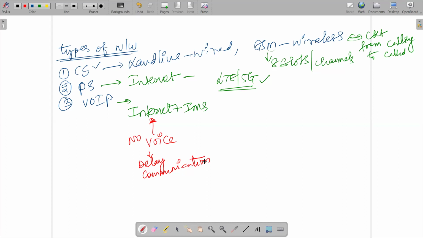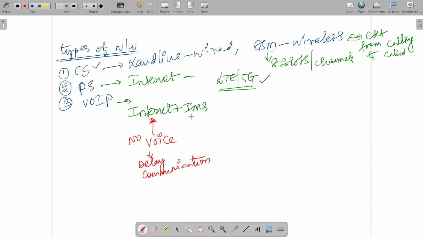So definitely, if one packet is missing or is taking longer time to reach the receiver, then all the packets should wait for the missing packet. So that's why it is not suitable for voice.